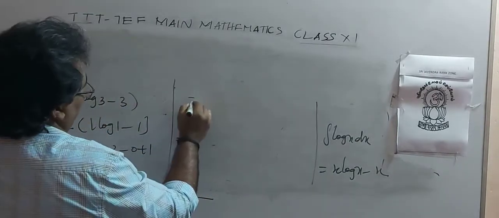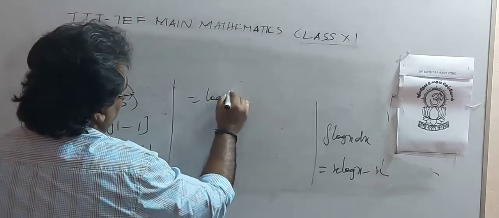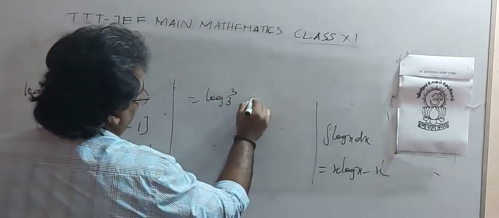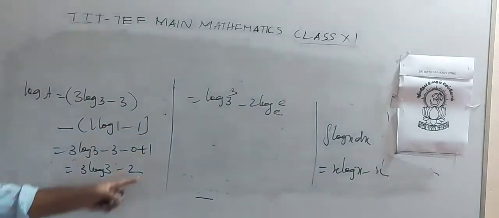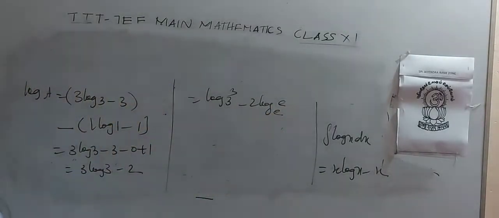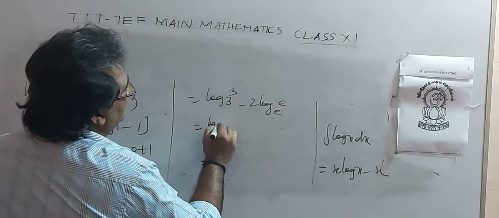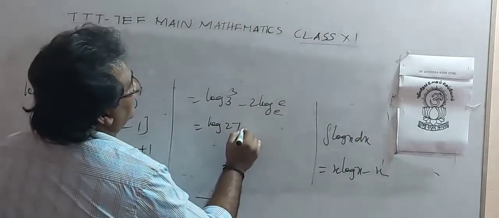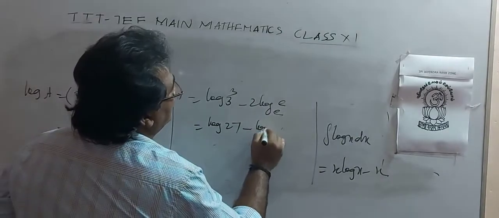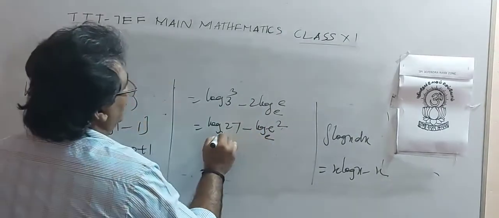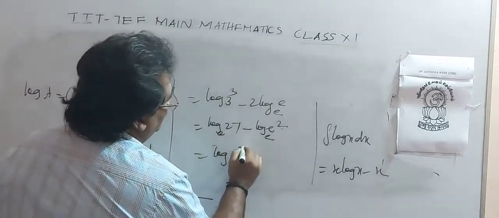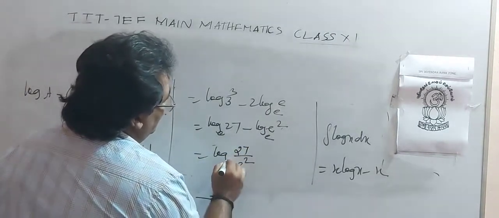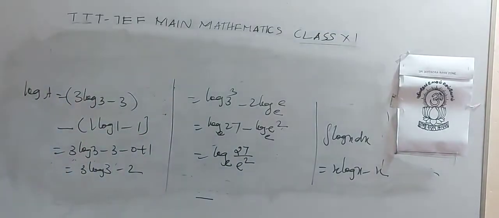Equal to log 3 cubed minus 2 log e to the base e, log 27 minus log e squared to the base e, log 27 by e squared to the base e.